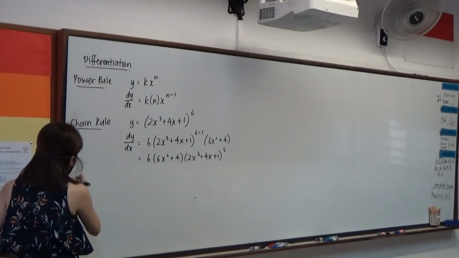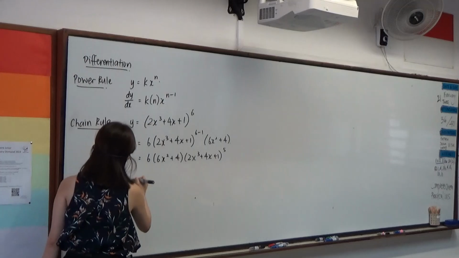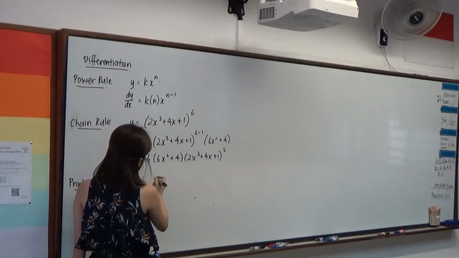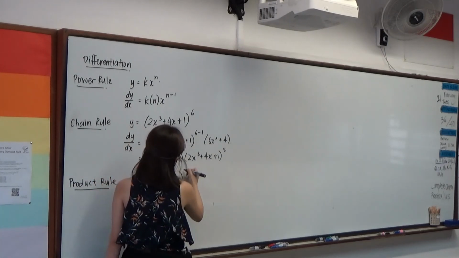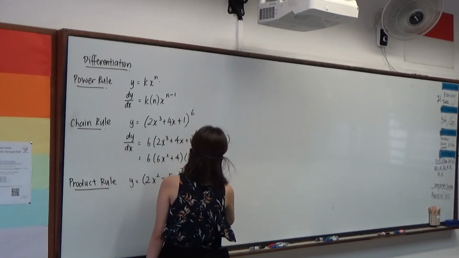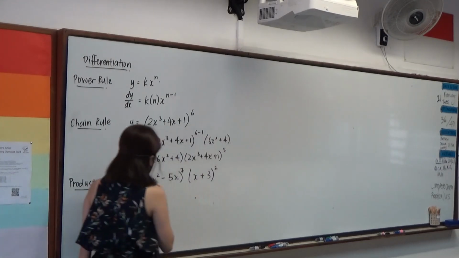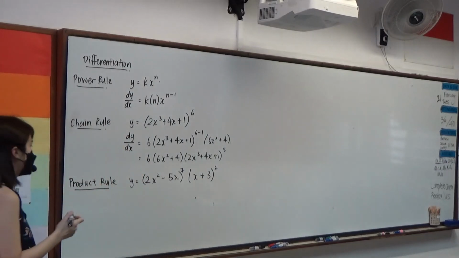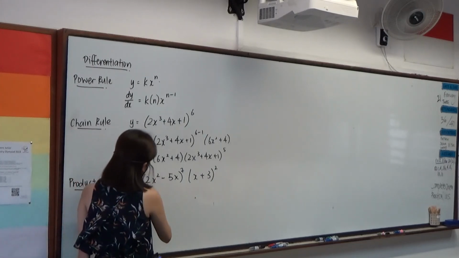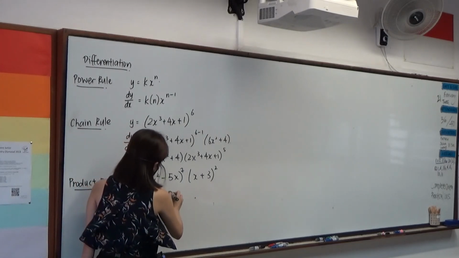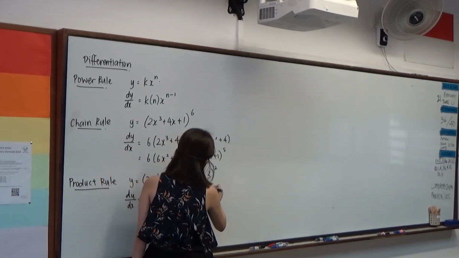And then for product rule, we are looking at two things multiplying to each other. So let's say our 2x squared minus 5x to the power of 7, and then x plus 3 to the power of 2. Instead of expanding everything to differentiate, we learned that in our product rule, we can keep our left side first, differentiate the right side using our chain rule.